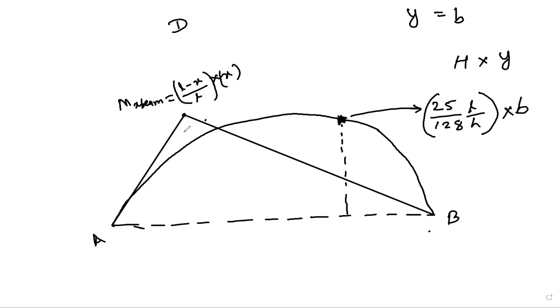So this is positive. This is negative because Mx of beam minus H into Y. That is ILD of Mx of beam minus ILD of H into Y. Right?